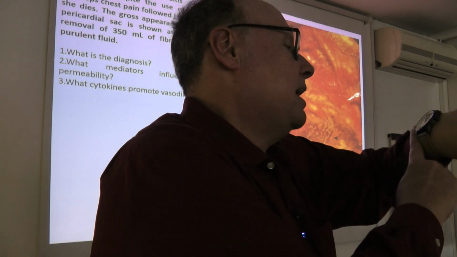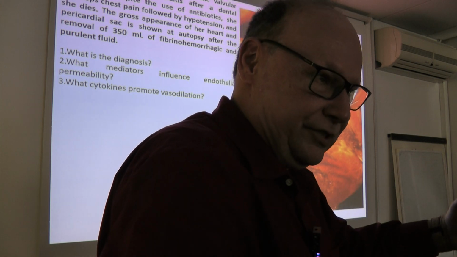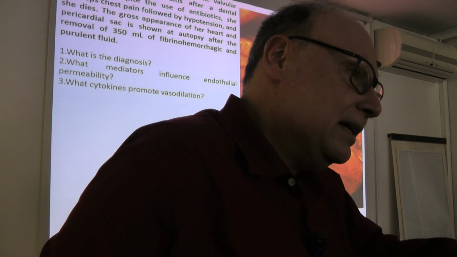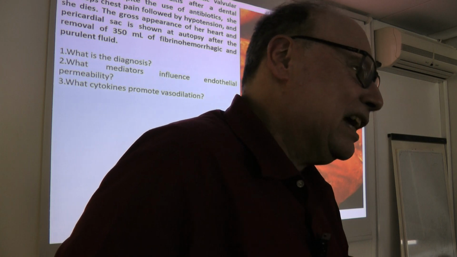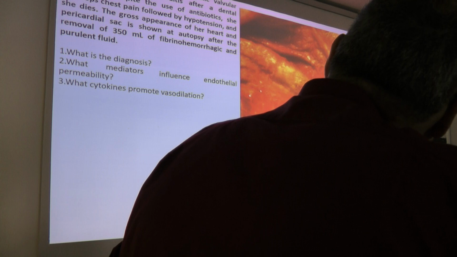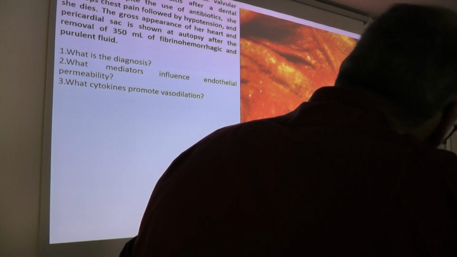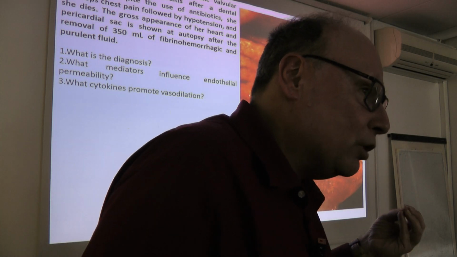Remember that in areas of the body that we have serosal surfaces, the exudate most often is rich in fibrin. And you see here, this is a fibrinous exudate. And why is this clinically important?